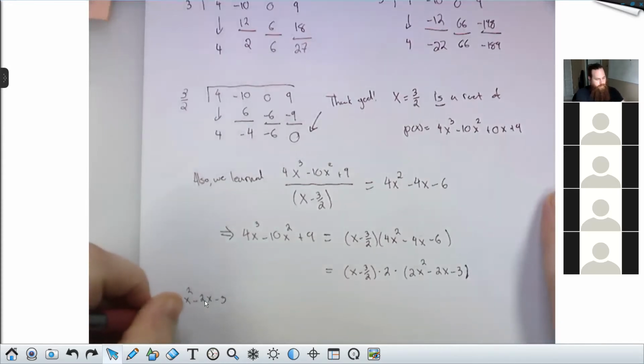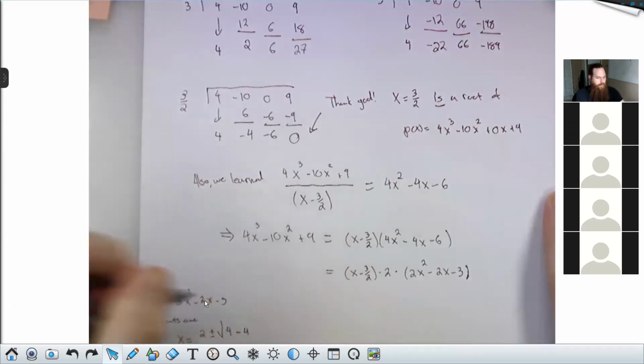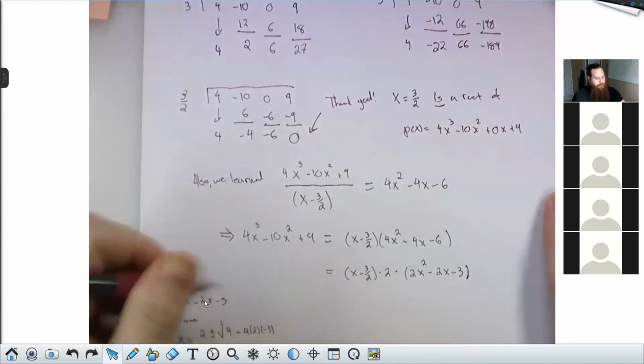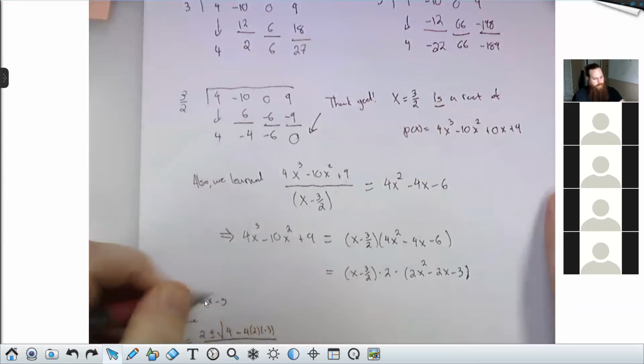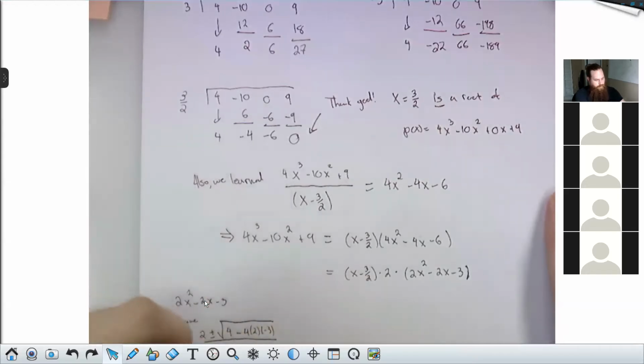So his roots are x equals negative b, that's positive 2, plus or minus the square root of b squared, that's 4, minus 4 times a times c, 4 times 2 times negative 3, all over 2a, which is 4. So that's 2 plus or minus the square root of 4 minus, let's see, this is 4 times negative 3, that's 12, times 2 is 24, and minus minus makes plus.